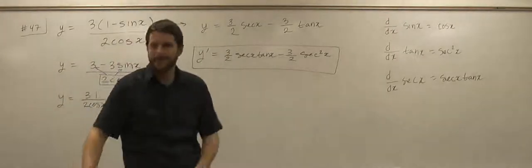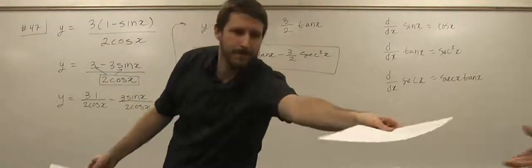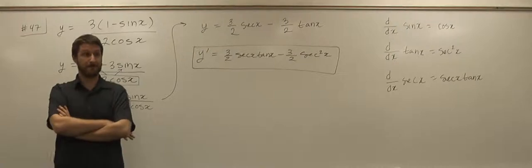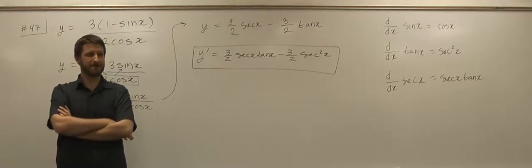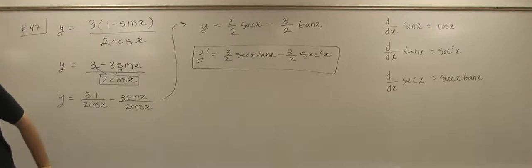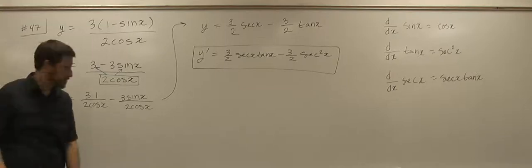Here's a quiz. 28 on 2.3. Find the derivative of the algebraic function x to the 4th times (1 minus 2 over x plus 1).